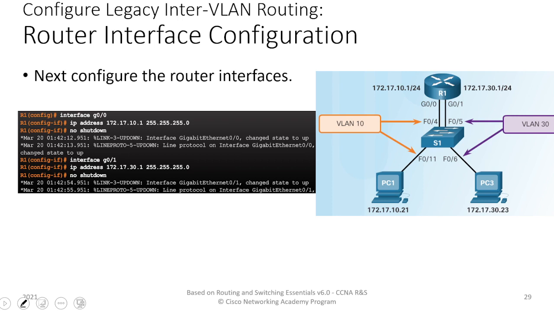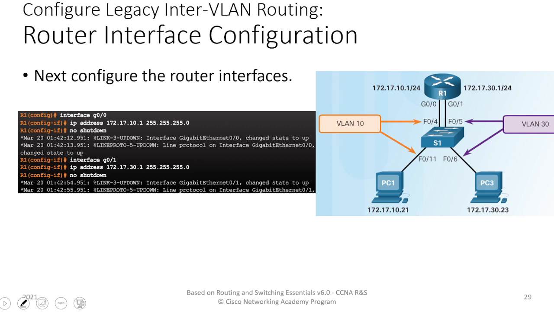Then on the router side, the configuration is not particularly difficult because now these are two different networks connecting through two different interfaces. So we just need to configure the interfaces appropriately, with the correct IP address belonging to the subnet, and that's all we need to do.